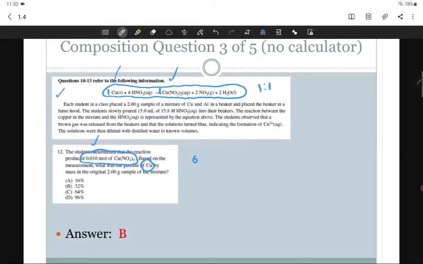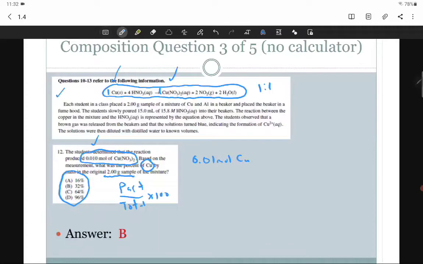So let's start off with that. And we're trying to get to a percent. And percent is always part divided by total times 100. It gives you the sample already. That's the total. So it already gives you the 2, but we need the part.